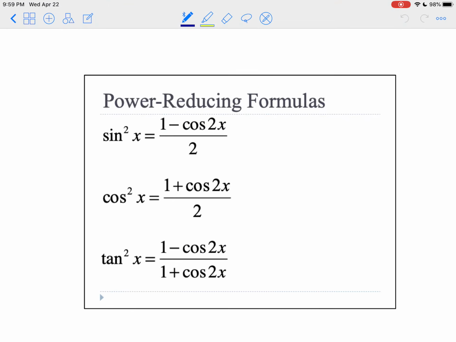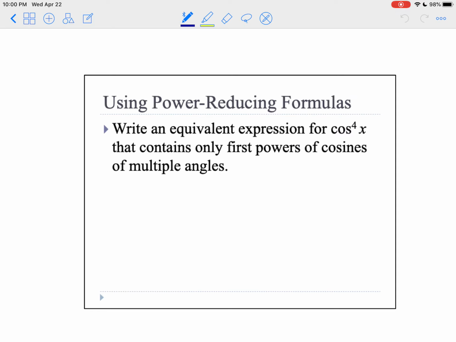So now here are the formulas typed out in case you don't like my handwriting, which I don't blame you. But we are going to now apply this to find an equivalent expression for the cosine to the 4th power of x that contains only first powers of cosines and multiple angles.